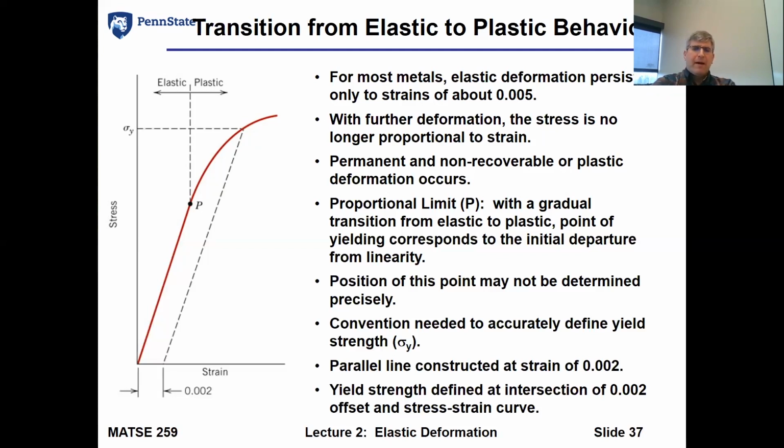But if we keep going past it and go beyond this letter P, and this is an important thing to note, if I were you, I would write this down: P represents the proportional limit. It's not the yield strength. It is basically that gradual change from linear to nonlinear behavior on the stress strain curve. It's very difficult to pinpoint.